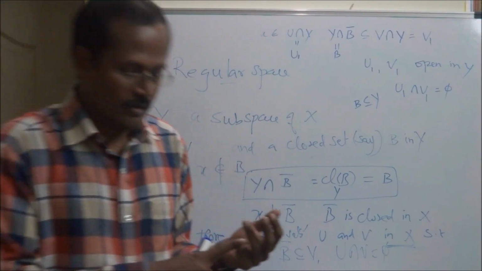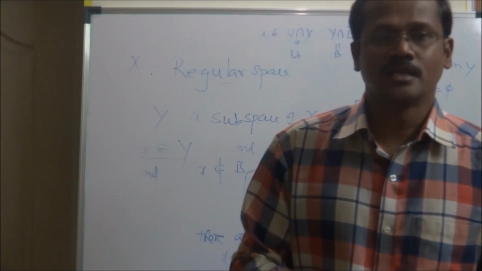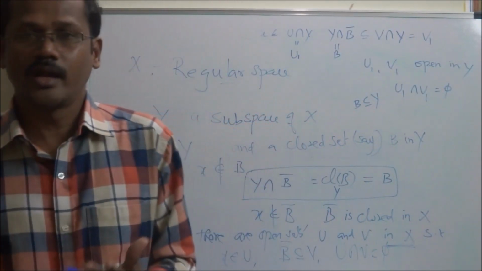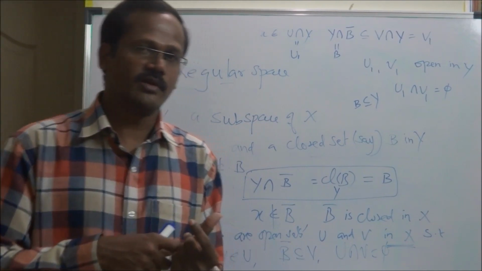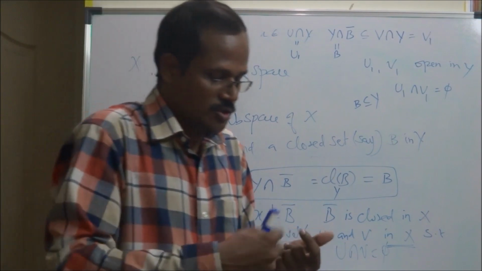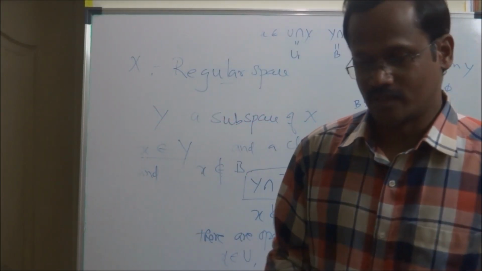Already we have proved that every single point set in Y is closed in Y. Now we establish the fact that given any point in Y and a closed set in Y not containing the given point, they can be separated by means of disjoint open sets. So these two together prove that Y is also a regular space.